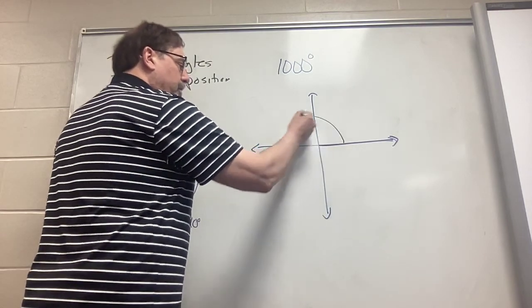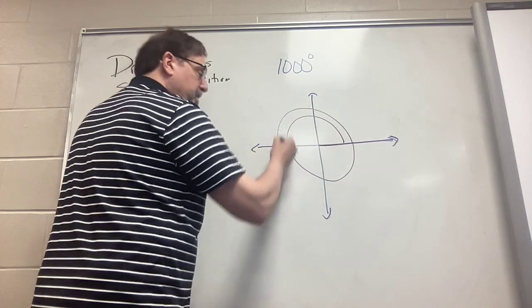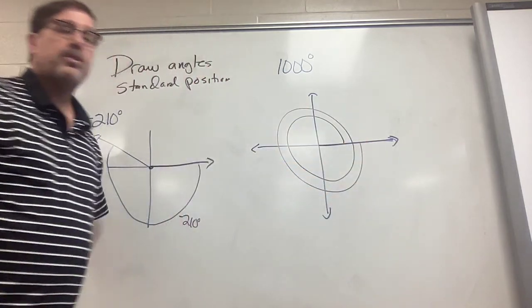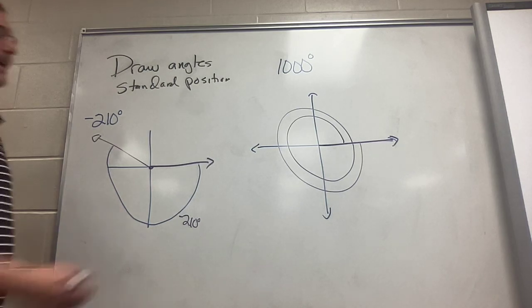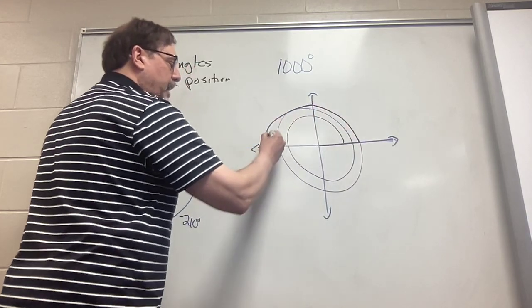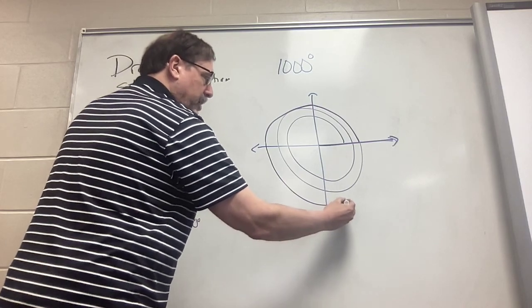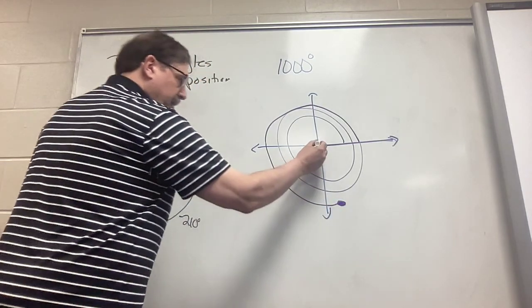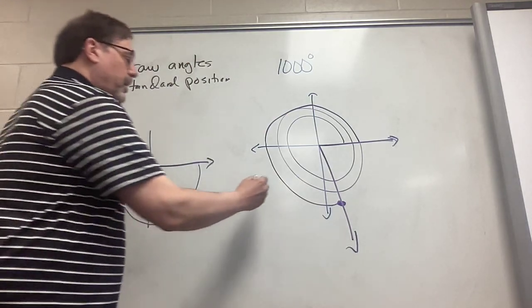I've got to go around 360. I got to go around 360 again. So now I've done 720. And now what was that last number on your calculator? 280. All right. So here is 90 more, 180, 270, and a little bit more. And there is our 1,000 degree angle.